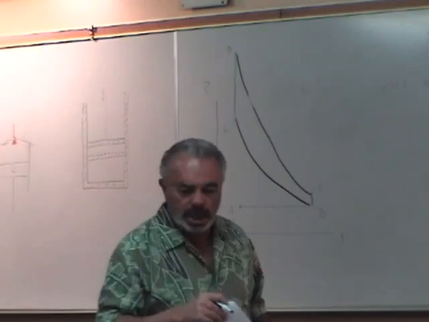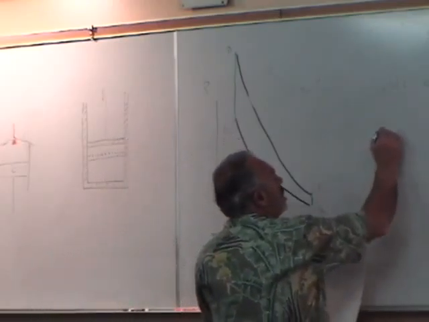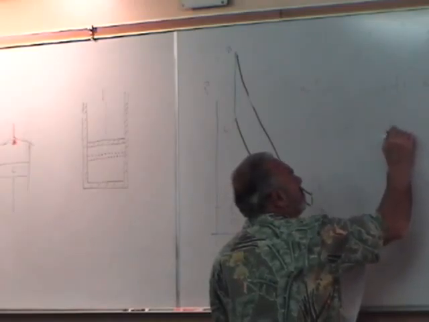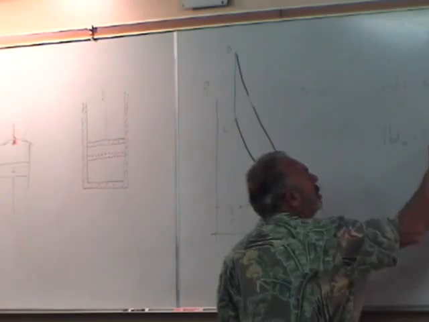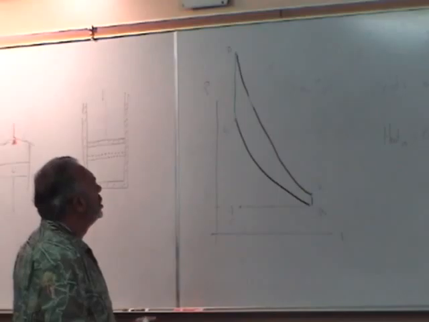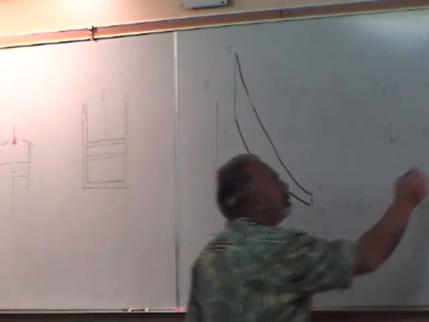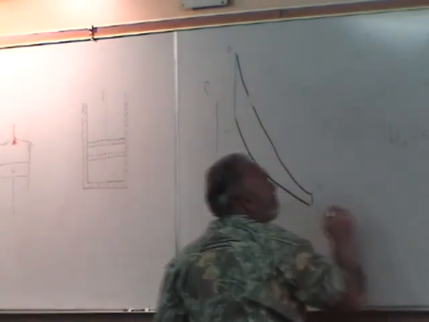Q in is going to be the easy one to get. Heat in, Q in is going to be, of course, Q, C to D.